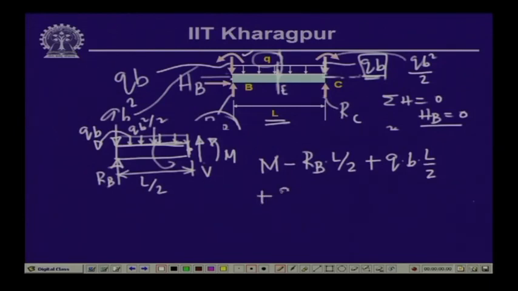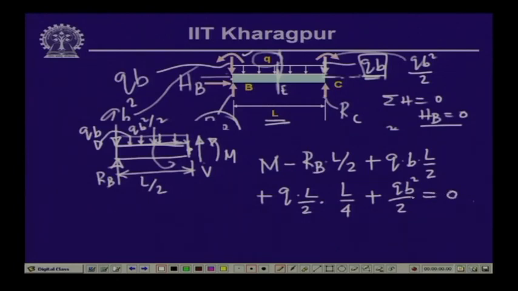That is Q times L by 2 times L by 4, half the distance, and we have this moment, which is in an anticlockwise form, which is Q b square by 2. So, these are the moments which we have, and this is equal to 0.